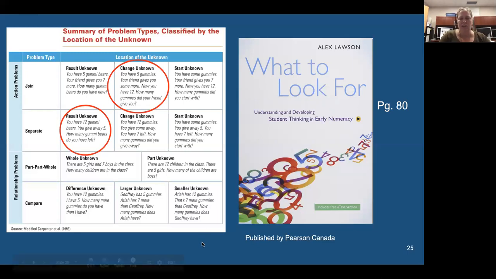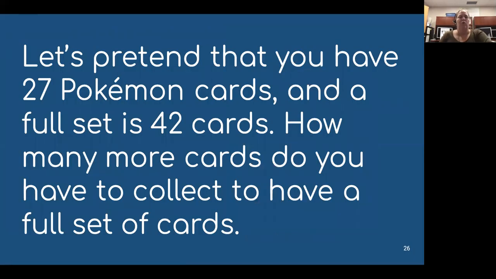So let's take a look at a double-digit problem that we're going to continue to look at tonight. So let's pretend that you have 27 Pokemon cards and a full set is 42 cards. How many more cards do you have to collect to have a full set of cards?